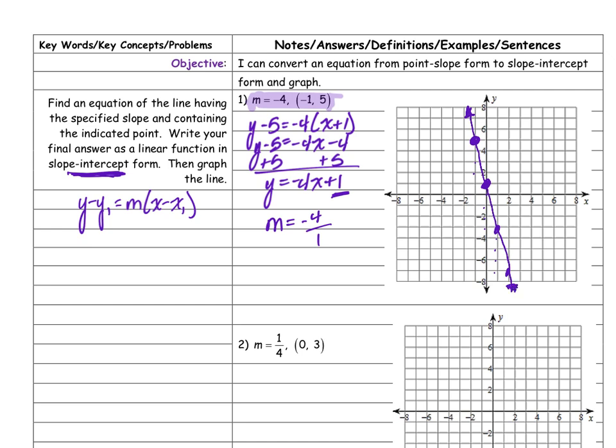Okay. Questions so far? How did I get negative 4? Right here, from right there, that negative 4, is that what you're asking about? It told me my slope was negative 4, so it's right there. Is that the negative 4 you're asking about?